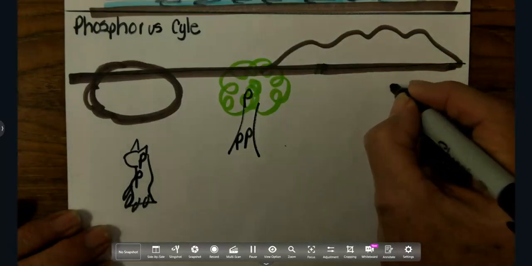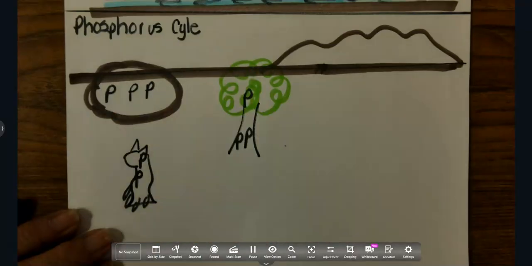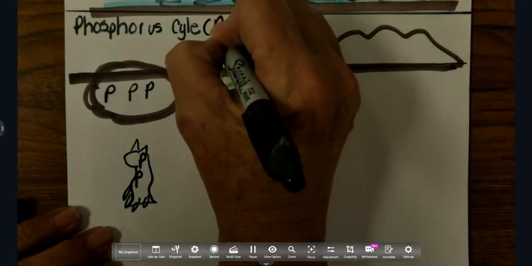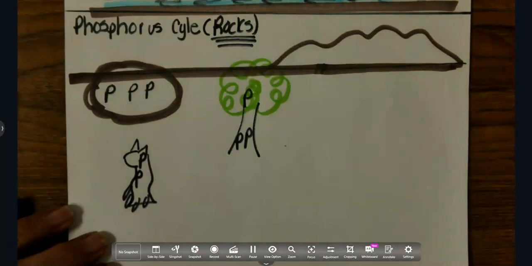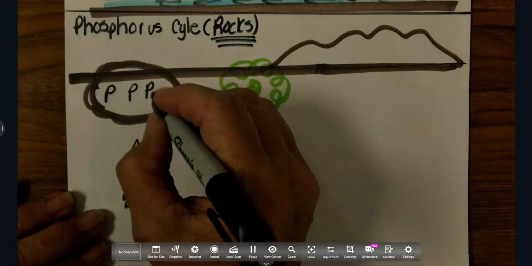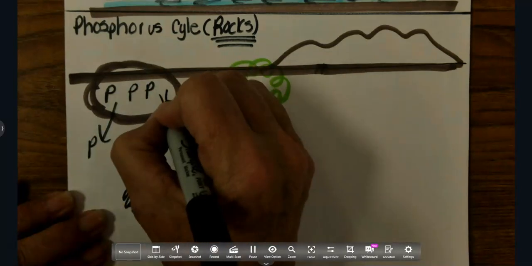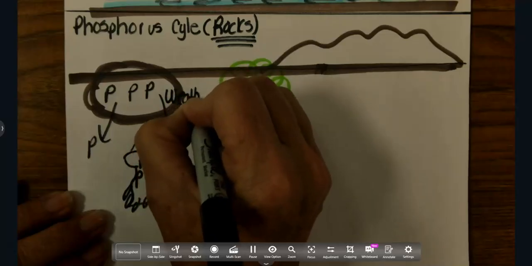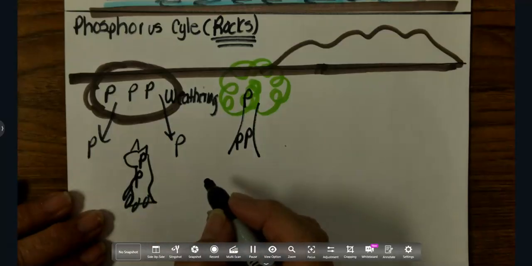Now I'm going to start off, I think, with rocks, because that is where the phosphorus cycle starts. It's all about the rocks. And basically what's going to happen is that the phosphorus is in the rocks and it's weathered. And the phosphorus ends up in the environment.